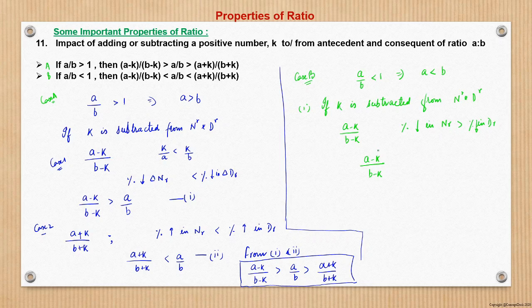So when numerator decreases relatively more than denominator, the ratio becomes less than the previous original ratio of A by B.